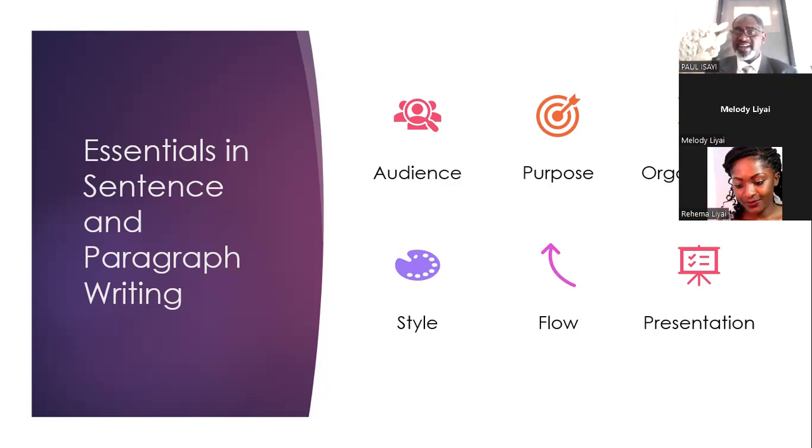You don't just put words anyhow. You have to arrange those words according to the grammatical requirements of any language. So organization is important. And then the fourth thing is the style. The style is the packaging, your unique way of presenting something.